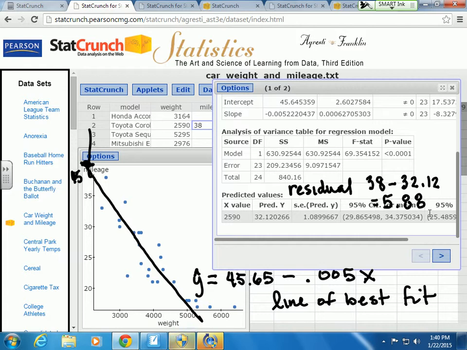So if I go back to the graph, what that means is here at 2590, it's this data point right here, the distance between that data point and the line, the point on the line.